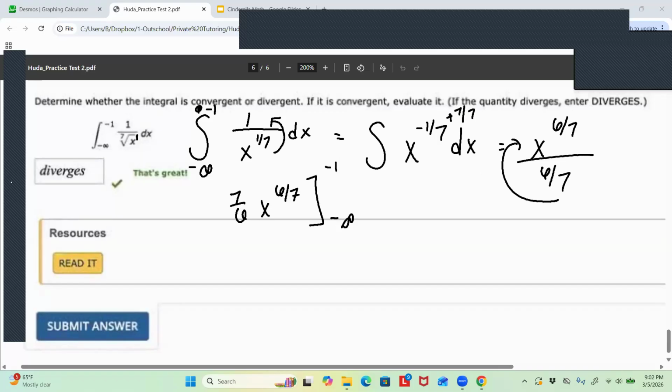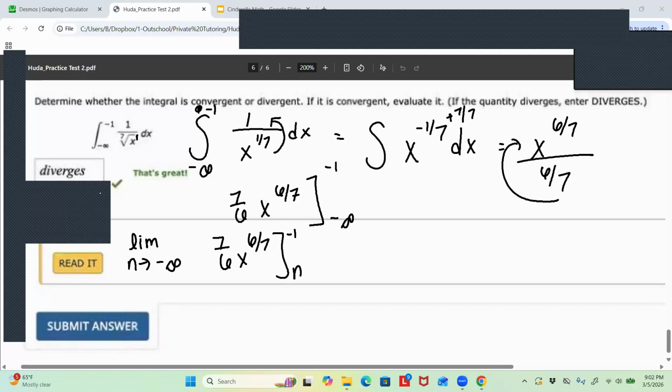But again, technically we're not supposed to do it that way. Let's say we have the limit as n approaches negative infinity, 7/6 x to the 6/7 from n to -1. Okay, plug in.